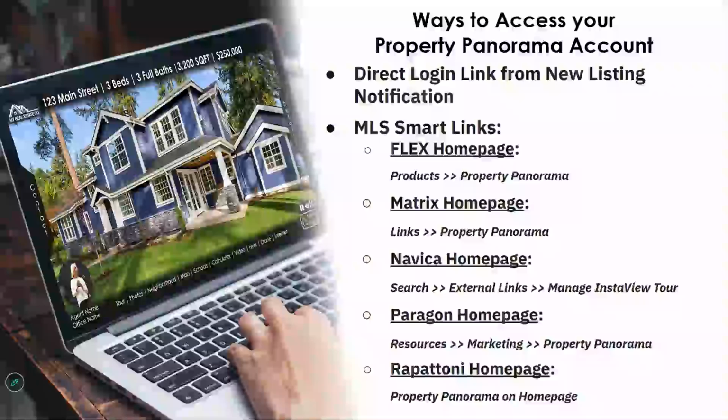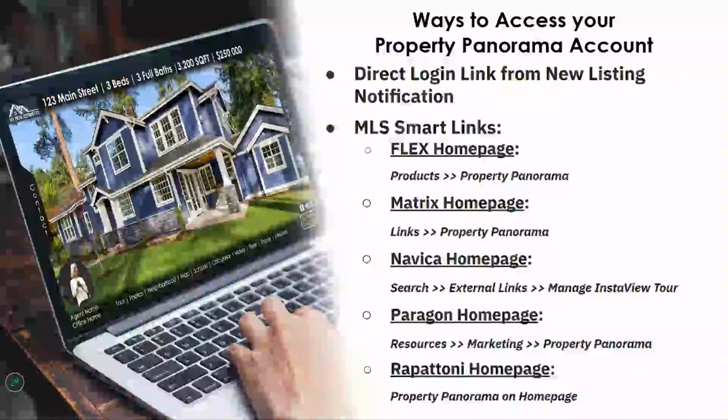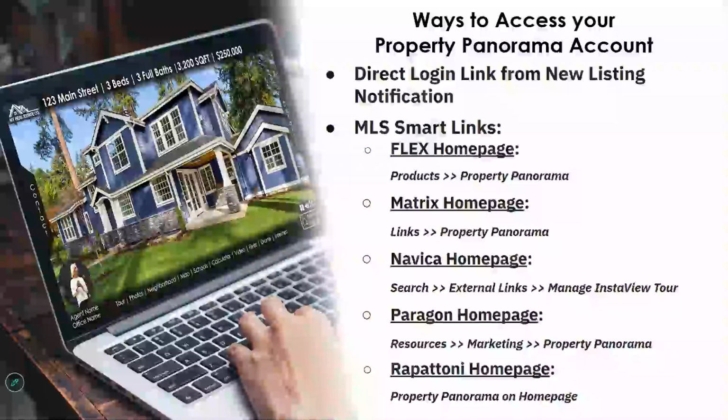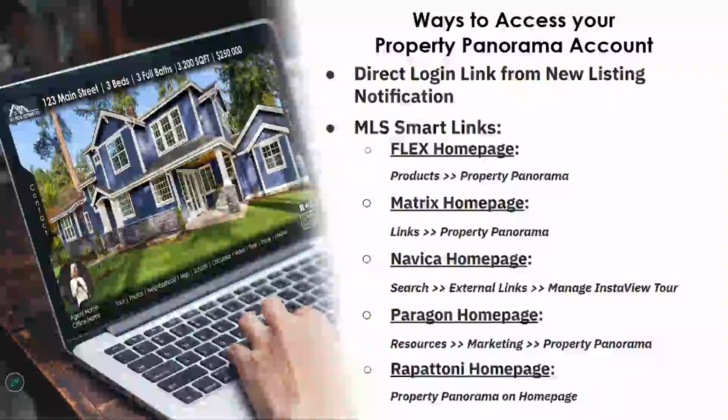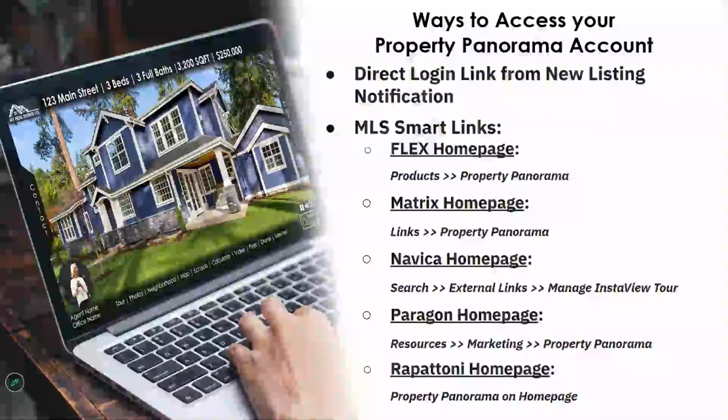If you do not see it using this navigational path, please check your MLS dashboard. It is most likely there instead. So I'll give you a moment just to look at that really quick to write down the path that you would use for your MLS.